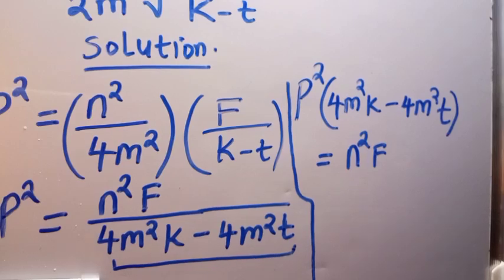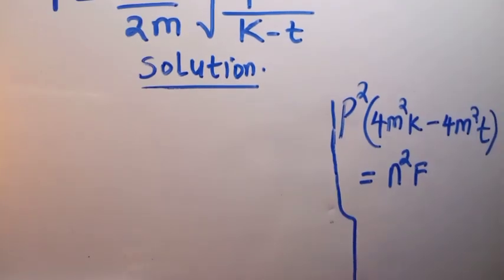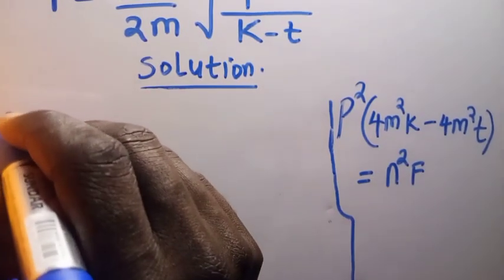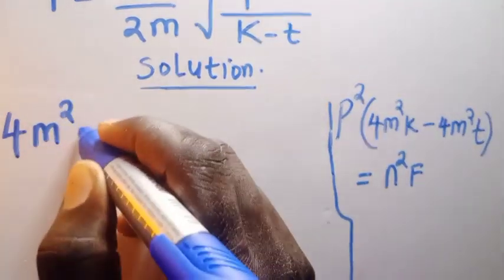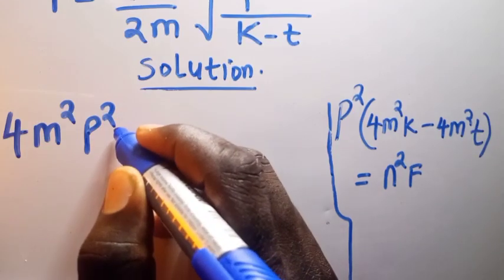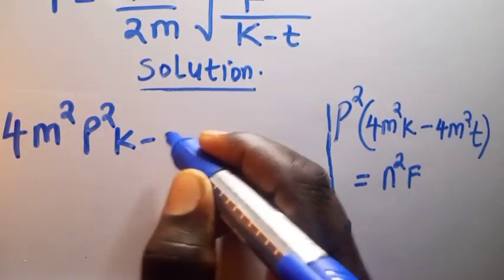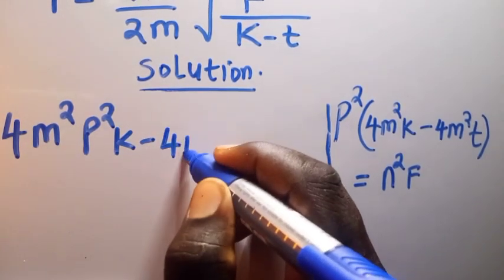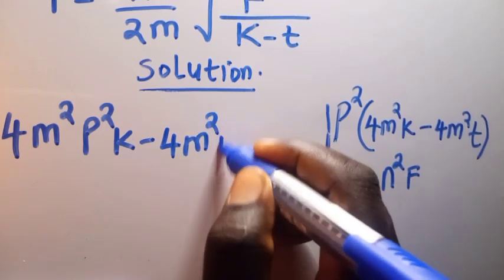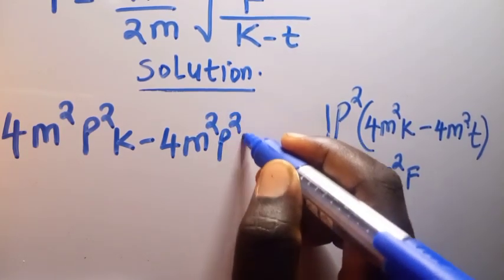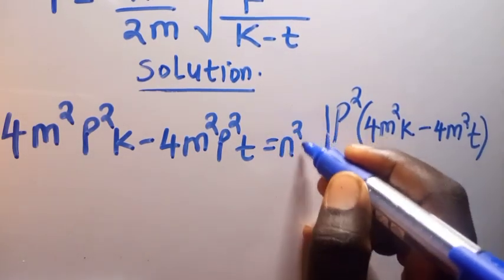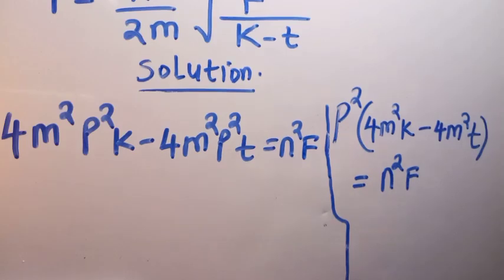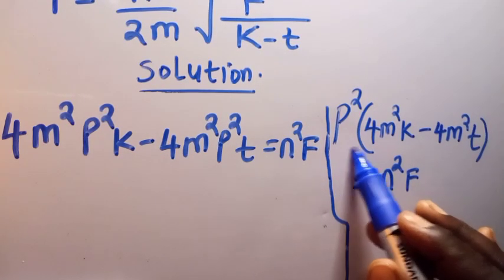If we open the bracket, then we shall have 4m squared p squared k minus 4m squared p squared t equals to n squared f. That is what we shall have if we open the bracket here.